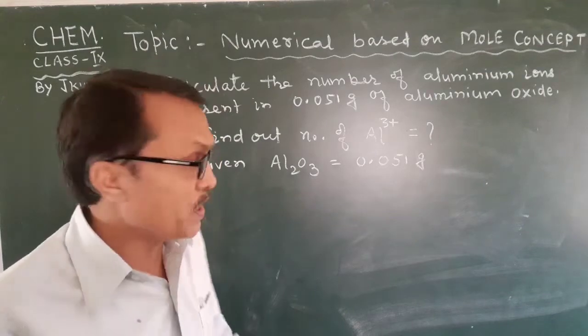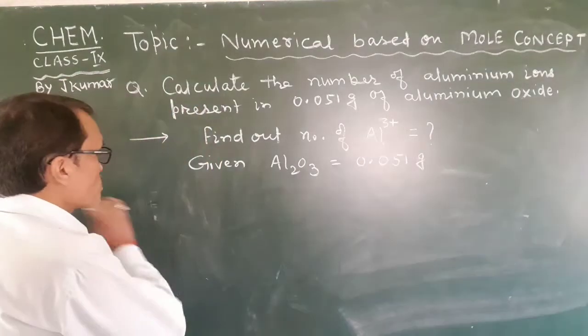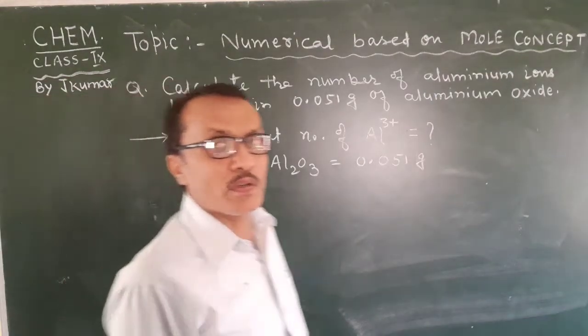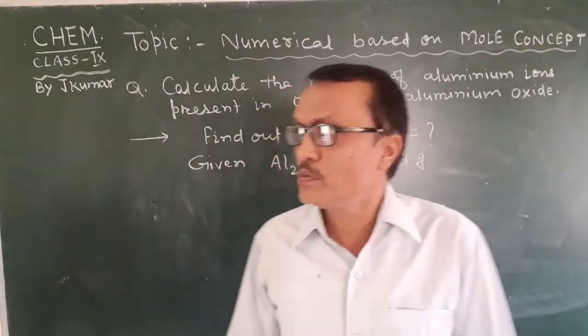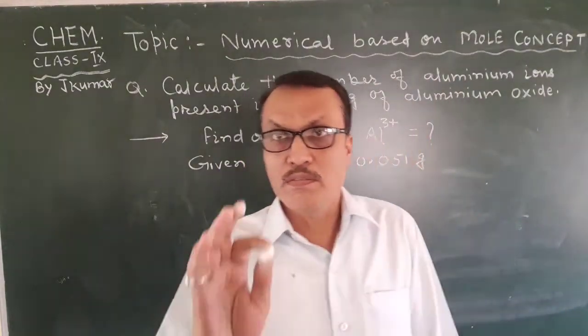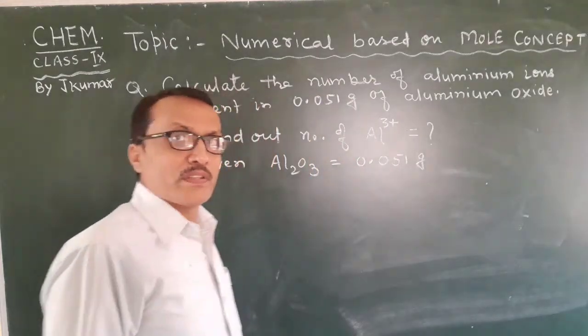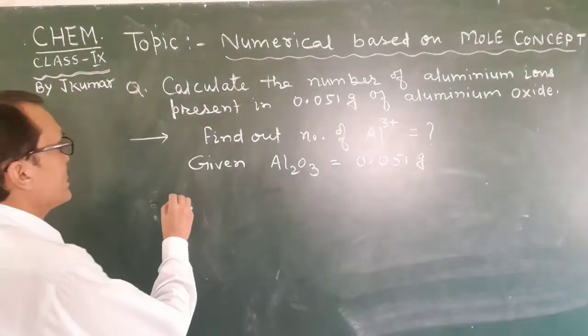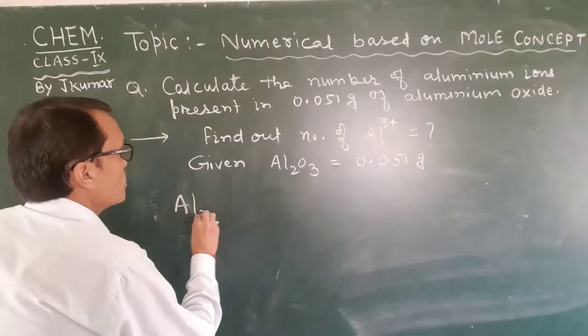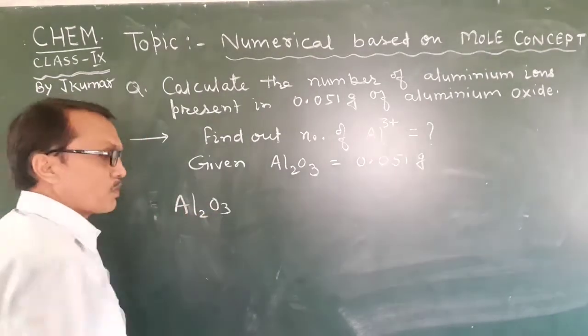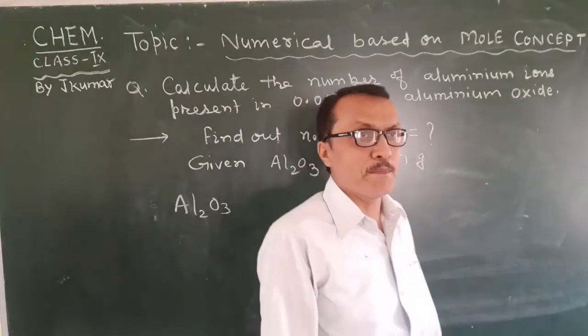So students, how to solve this problem? First of all, if I ask you what is the molecular formula of aluminum oxide, then you tell me Al2O3. This is the formula of aluminum oxide.